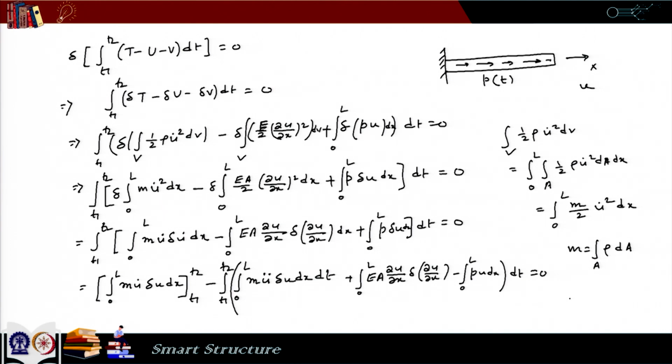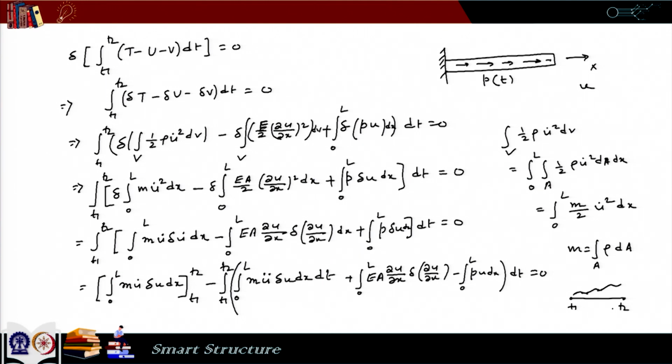So, along the time axis, if I have T1 and T2 and the quantities vary like this, this term depends on only the value here and the value here, and these terms depend on the values over the entire domain, which means if their sum has to be 0, that is only possible when this term is individually 0 and this term is individually 0, because it has to hold for any arbitrary T1 and T2.